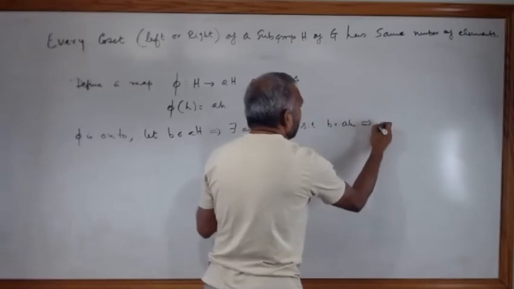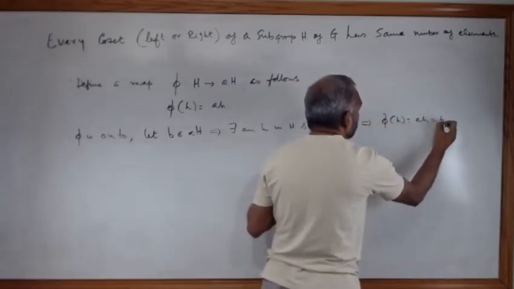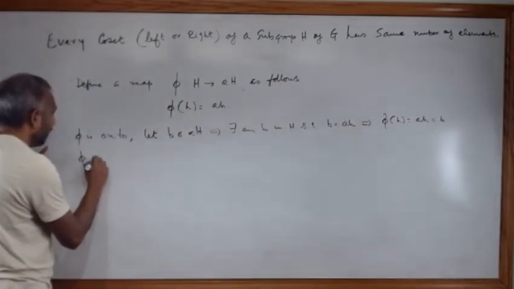And that implies phi of h is equal to ah, which is equal to b. So phi is onto.